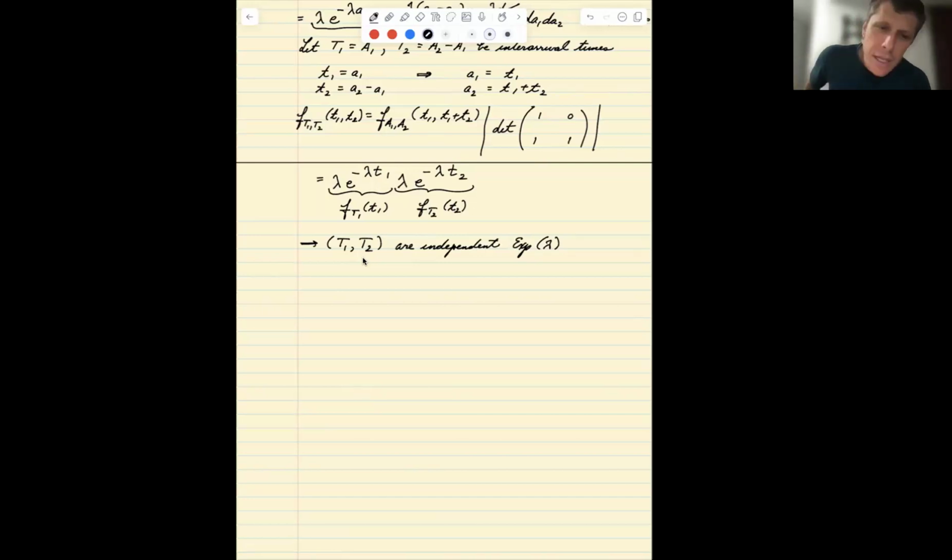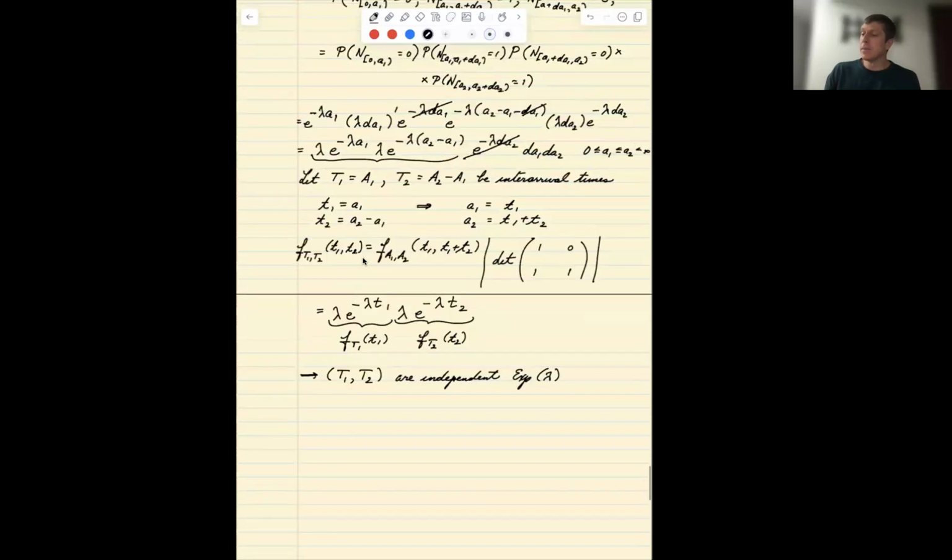This makes sense if we think back through the memoryless property of the exponential. We already knew how we derived the exponential distribution: what is the distribution of the first arrival in a Poisson process? We showed it was exponential lambda. We also know the Poisson process by definition has independent, identically distributed increments.